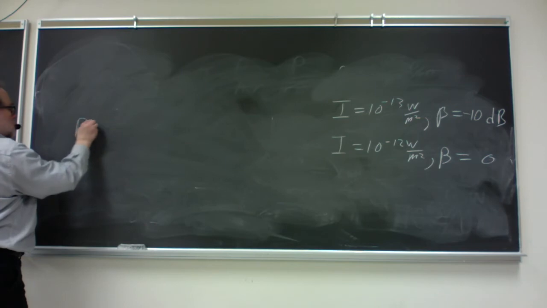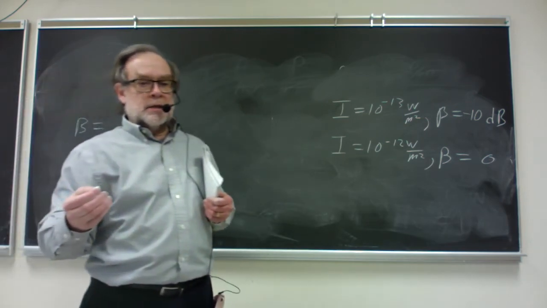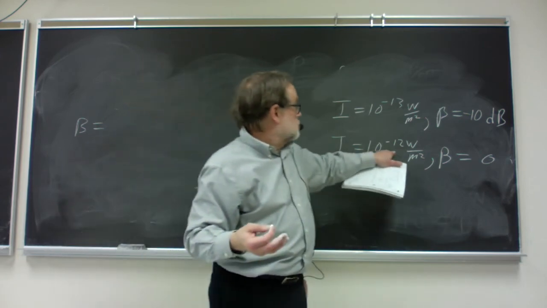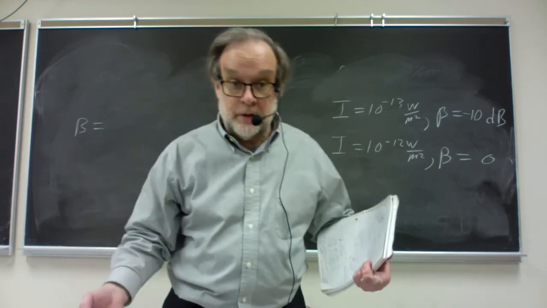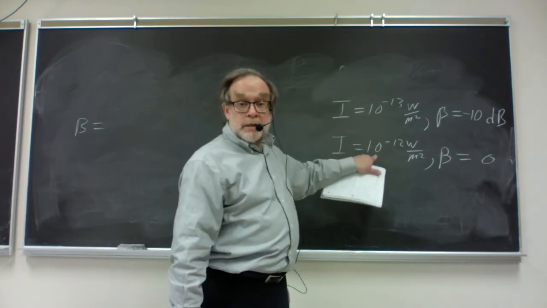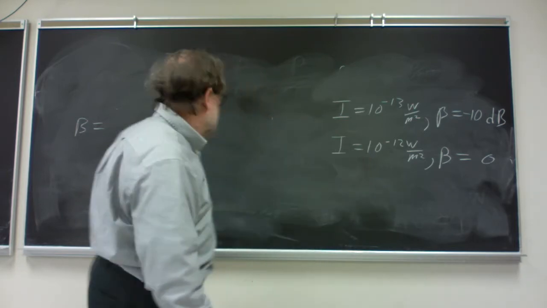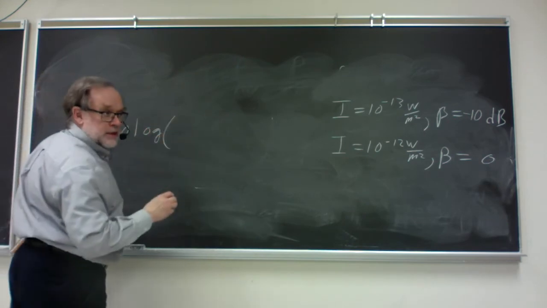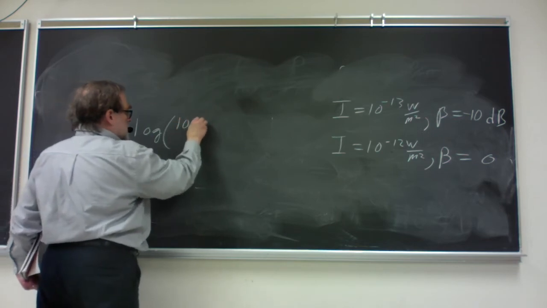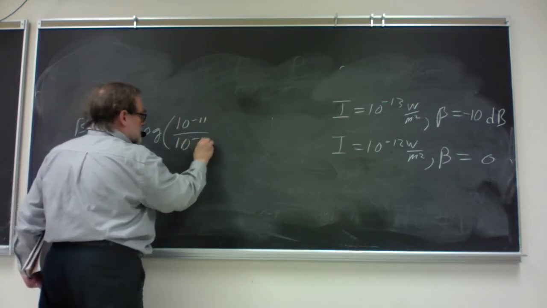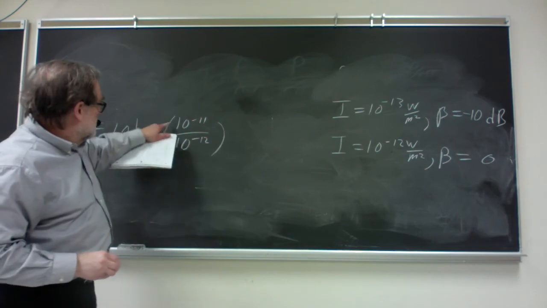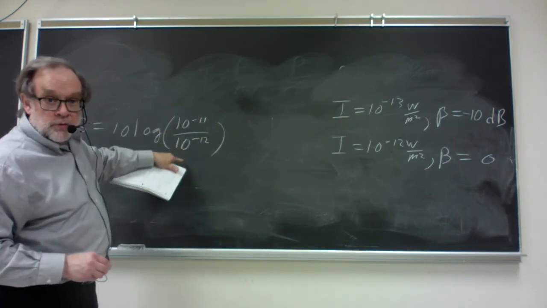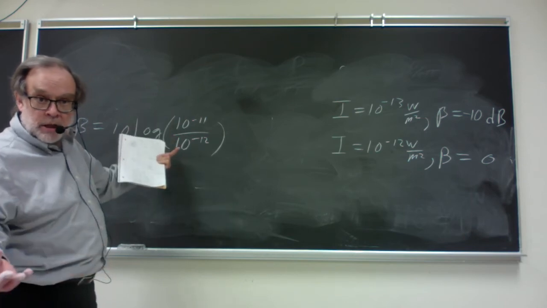Let's say now the wave that we're thinking about has an intensity not of 10 to the minus 12, but of 10 to the minus 11. In other words, an intensity 10 times stronger than this. So, number of decibels is 10 log intensity of the wave, which is 10 to the minus 11, divided by the reference intensity, 10 to the minus 12. The numerator is 10 times larger than the denominator, so this fraction here is equal to 10.